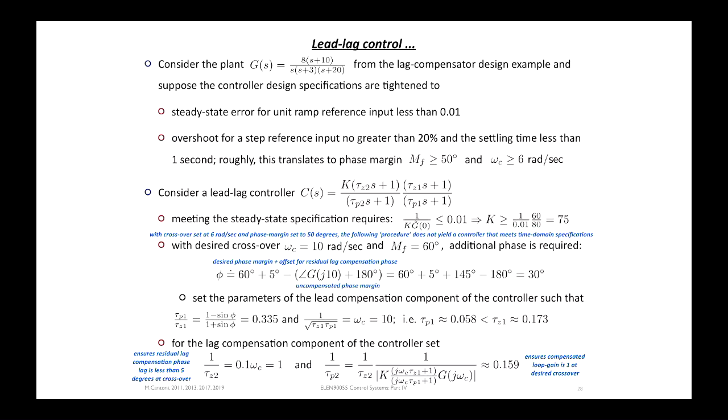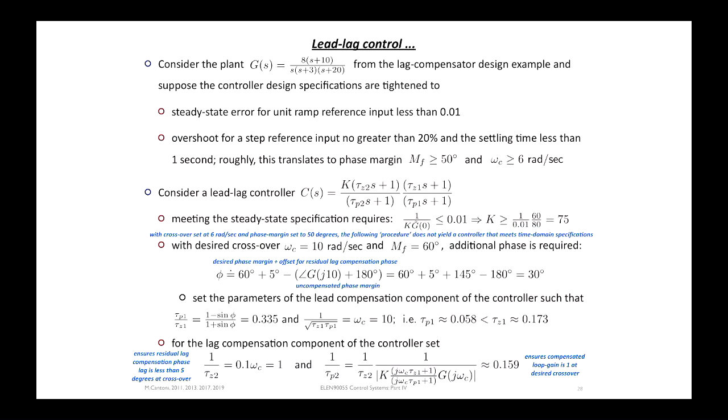Okay, so in this case, let's say, well, let's choose omega c equal to 10. Well, that exceeds our specification, and a phase margin of 60, that exceeds our specification, right? We've got to do something with our compensator to achieve a phase margin of 60 at a crossover of 10, right? Because the uncompensated phase margin is too small, right?